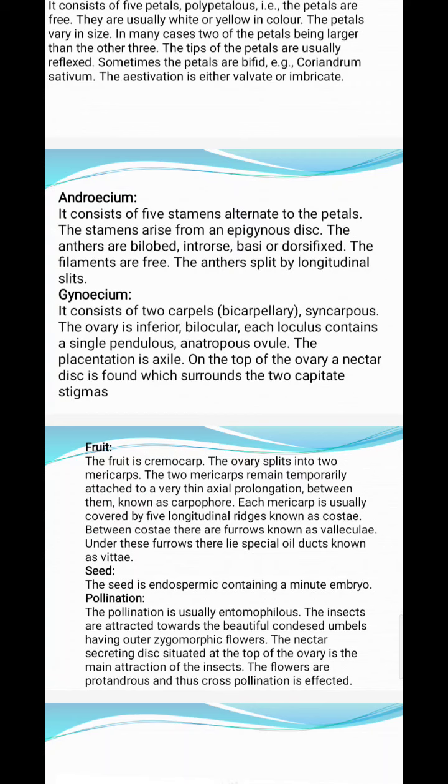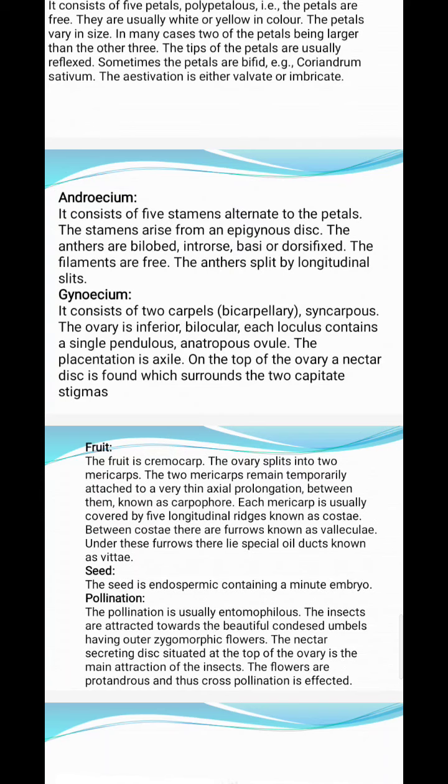So these anthers are bilobed, introrse, and they are basifixed or dorsifixed. And these anthers split by a longitudinal slit. The gynoecium consists of 2 carpels, that is bicarpellary, then syncarpous, they are joined.